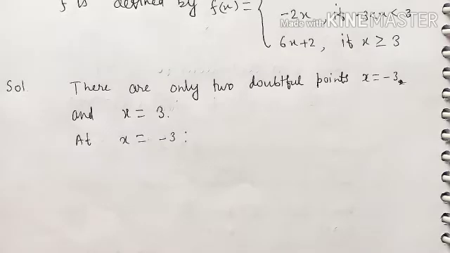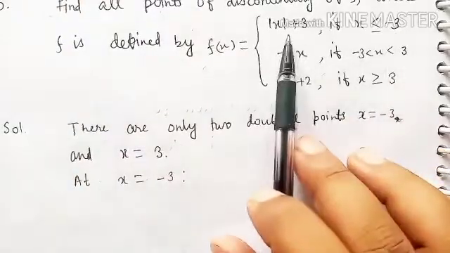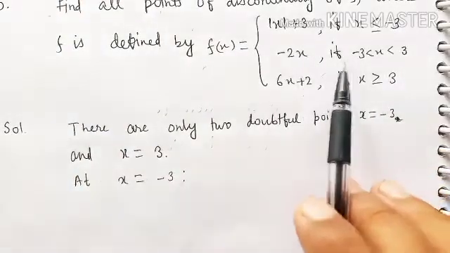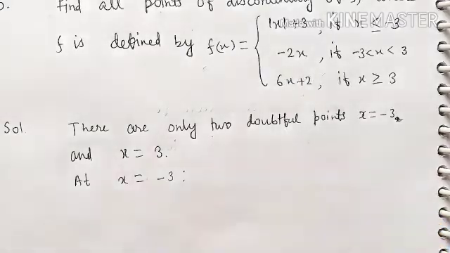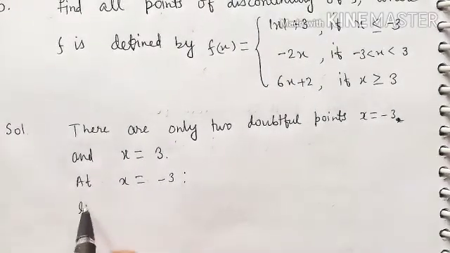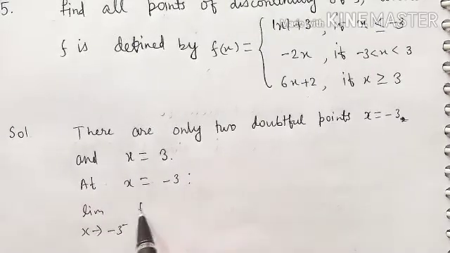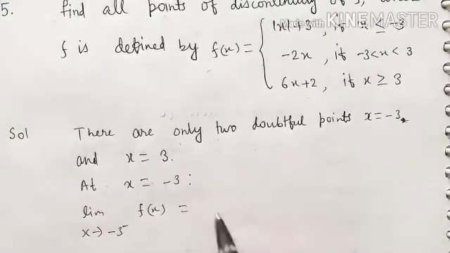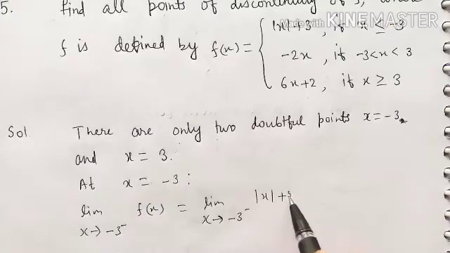So firstly, here we can see to the left of minus 3, this is the function. To the right of minus 3, this is the function. So we have to take left hand limit and right hand limit. So the limit as x tends to minus 3 of f(x) is equal to the limit as x tends to minus 3 minus of mod x plus 3.